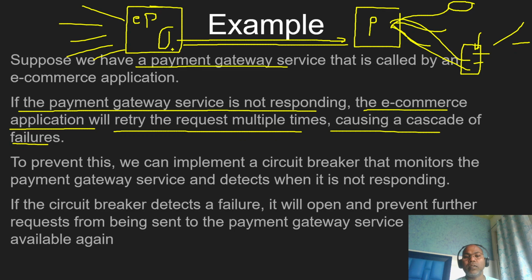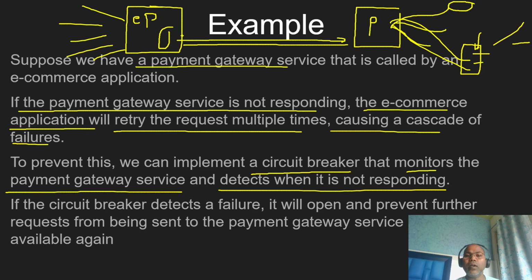To prevent this, we have to implement a circuit breaker that monitors the payment gateway service and detects when it is not responding. So whenever our e-commerce platform calls the payment service, there is a circuit breaker in between. The circuit breaker monitors the payment gateway status and decides whether there is a failure or slow responsiveness.